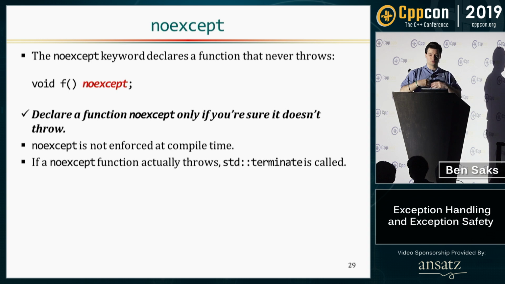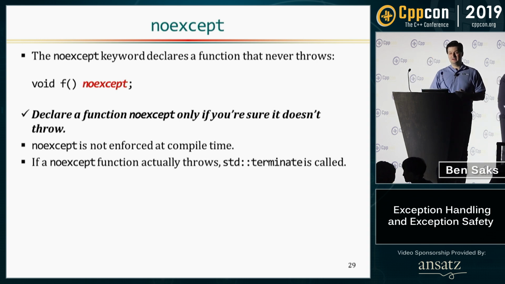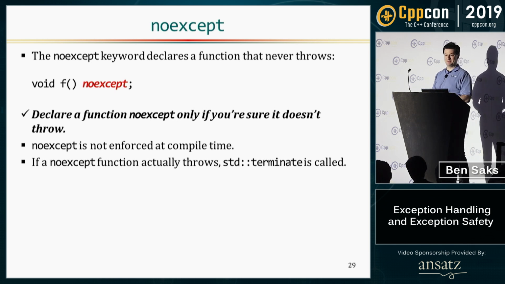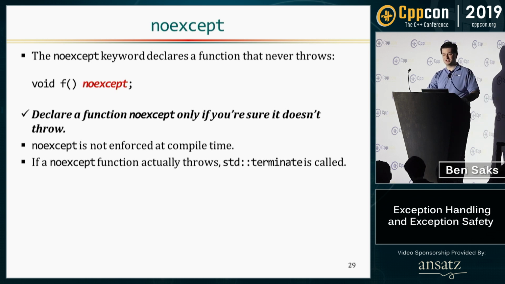They had to be checked at runtime. And the result was surprising behavior. People generally assumed that they would be checked at compile time and then were surprised when that didn't happen. And so eventually the throws specifications were removed from the language.